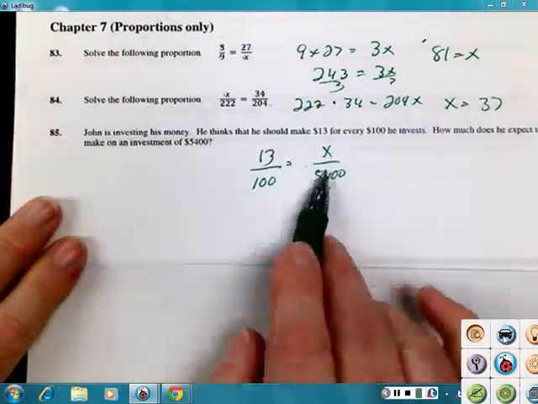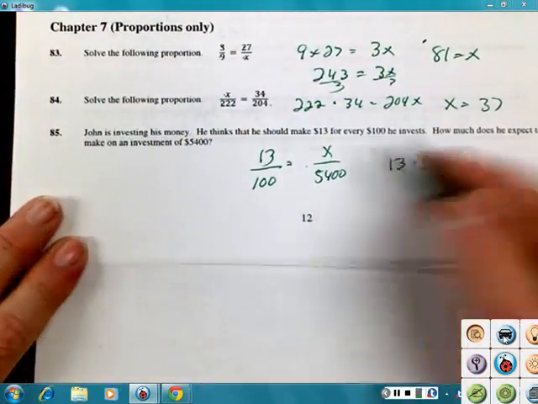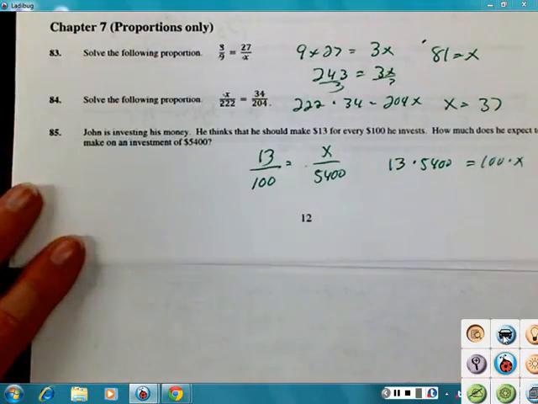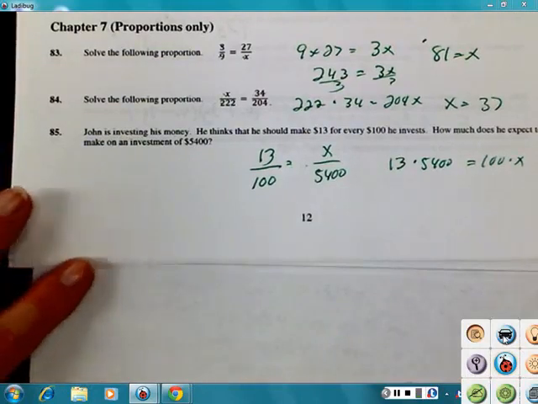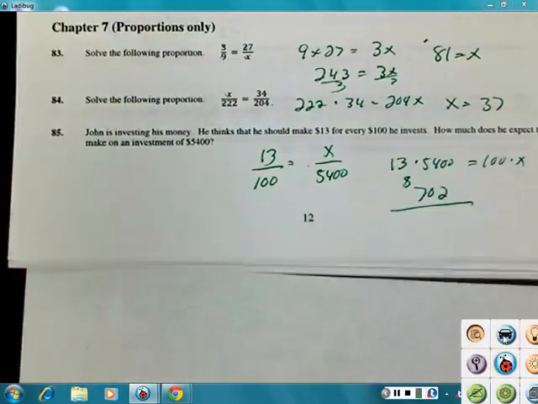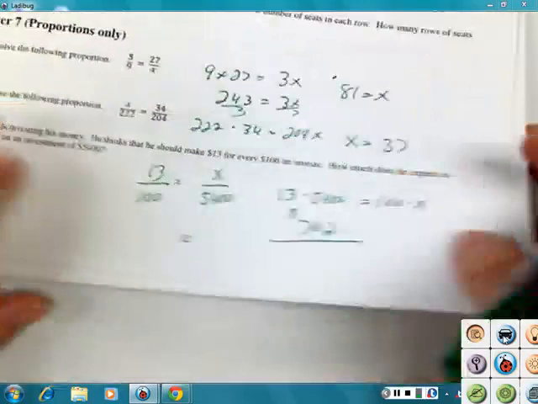And so it's 13 times 5,400 is equal to 100 times x. So 13 times 5,400 divided by 100. Oh, divided by 100? Yep, $702 is what he's expecting to make. Right? Yep, 702. You probably like a whole exam full of these, because they're pretty easy.